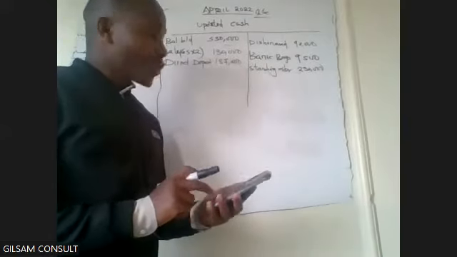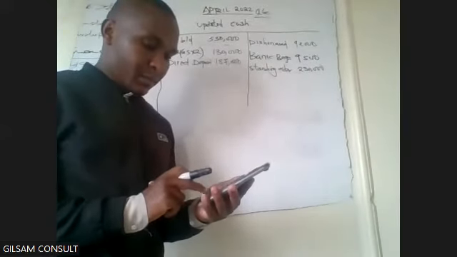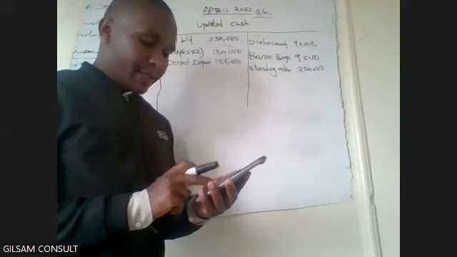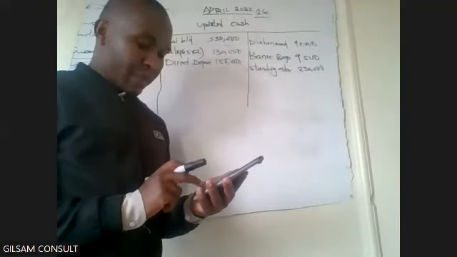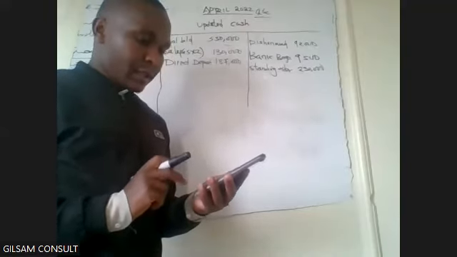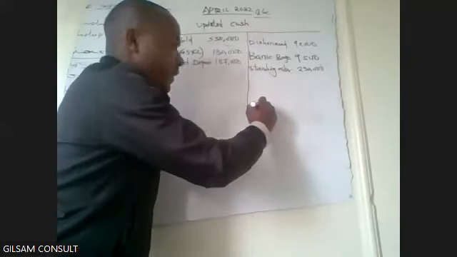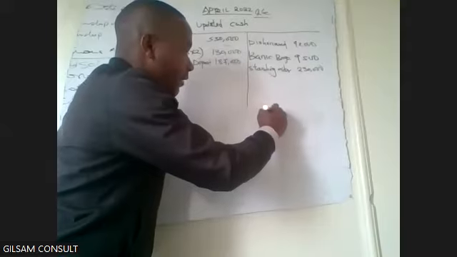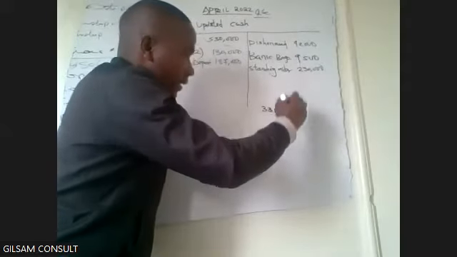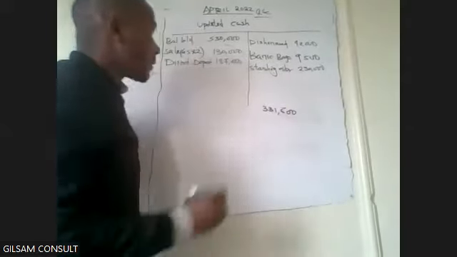So you take 92,000 plus 9,500 plus 230,000, which comes to 3,315,500 on the credit side. What about the debit side?